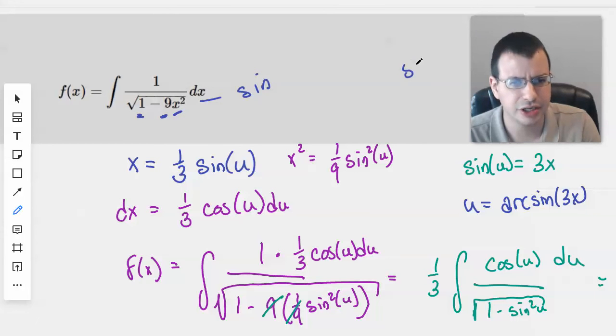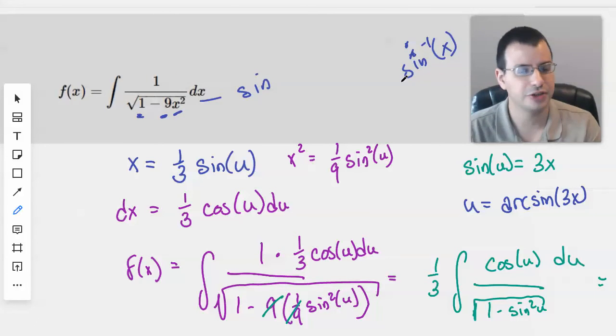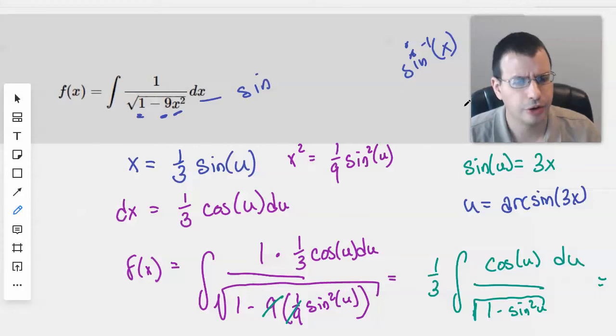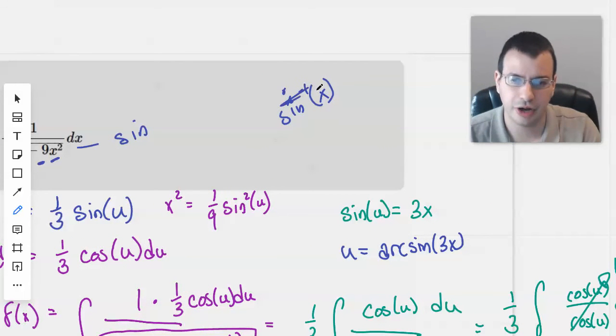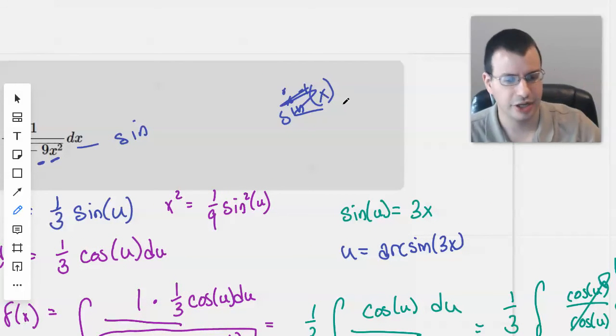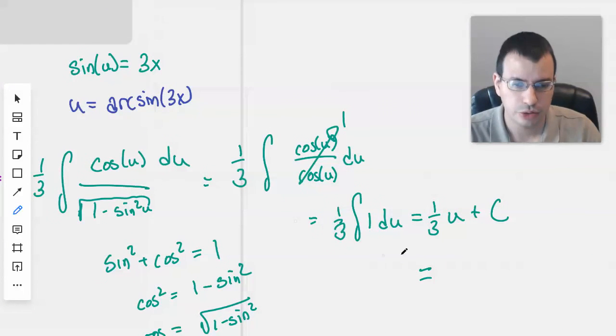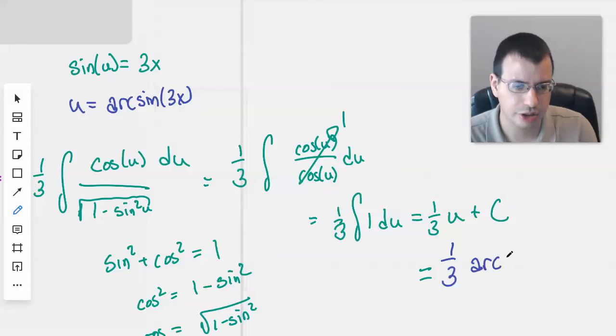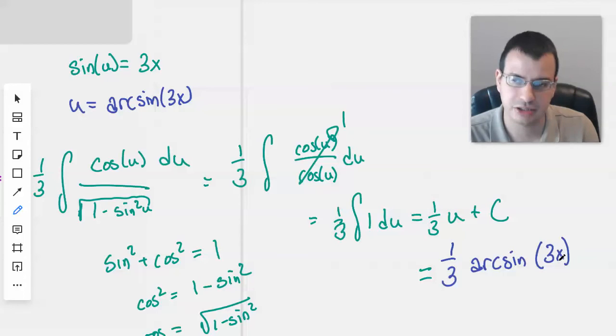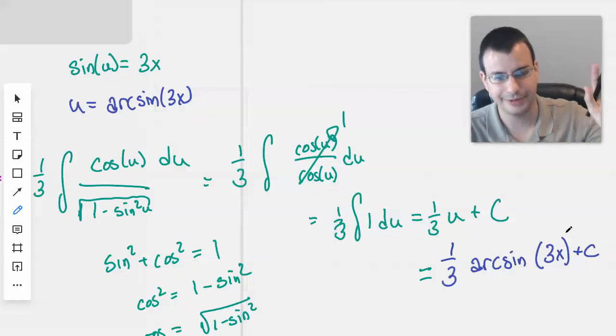Some people write arcsine like this, but that gets me confused with whether it's 1 over sine or arcsine. So I like to write arcsine, just to be a little more explicit and minimize the confusion. So we have 1/3 arcsine of 3x plus c. This is actually probably a different c than that one, but it's okay.